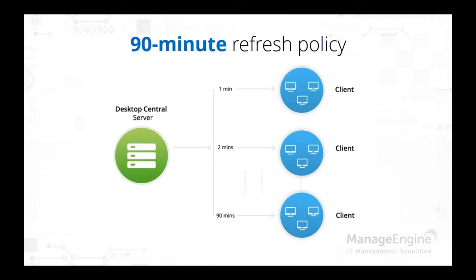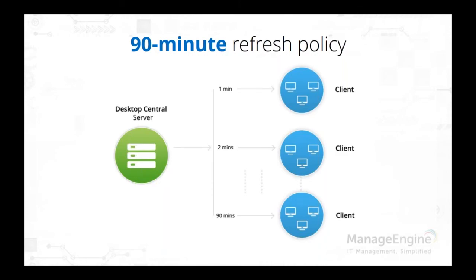To be more precise, let's have a quick example to make it clearer. Let's take a 90 machines environment for the agent server communication. In a 90 machines environment, 1 computer will reach the Desktop Central server per minute.